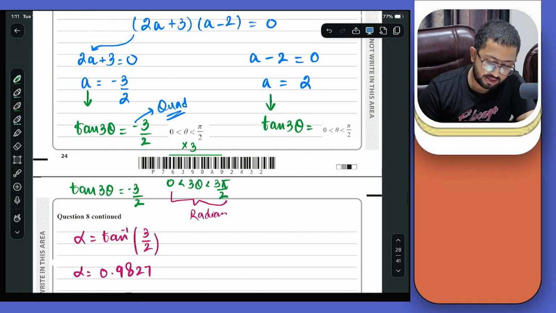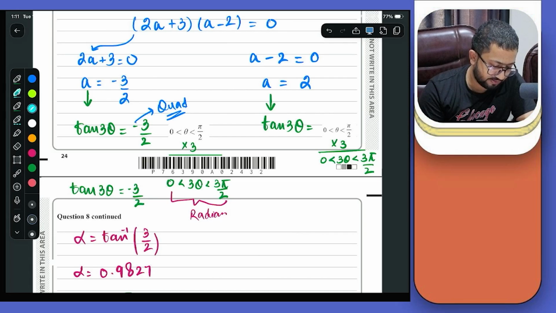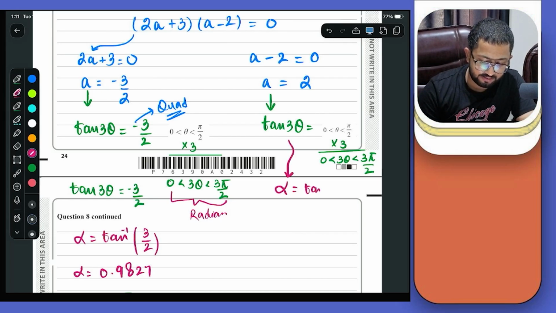Perfect. Similarly, I will multiply with 3 and it will become 3 theta to 3 pi by 2. First you have to make the same range. Then take inverse. So when you take inverse, put the basic angle.